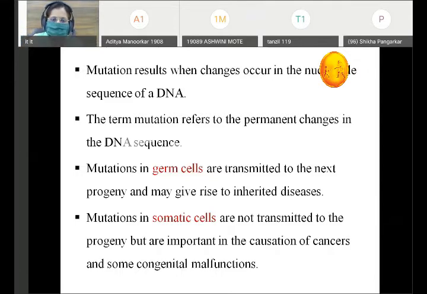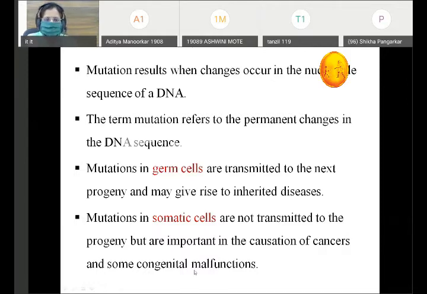Mutations present in germ cells are transmitted to the next progeny and may give rise to inherited disorders. Mutations in somatic cells are not transmitted to the progeny, but they are important in the causation of various cancers and congenital malfunctions.